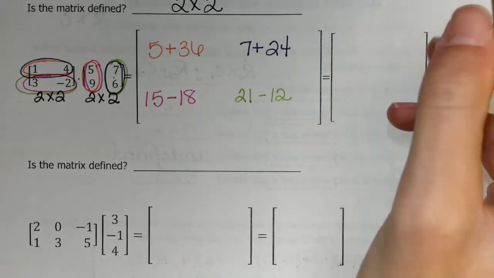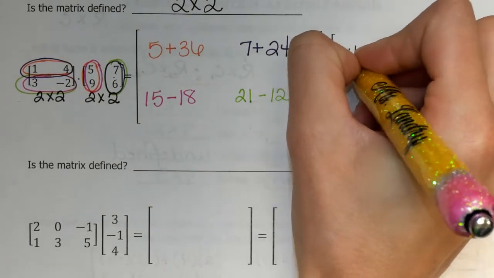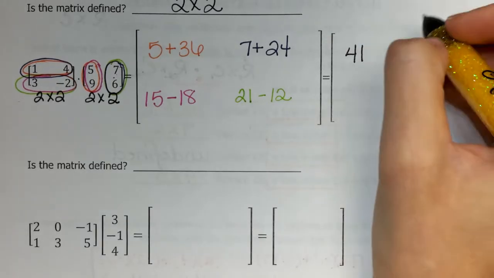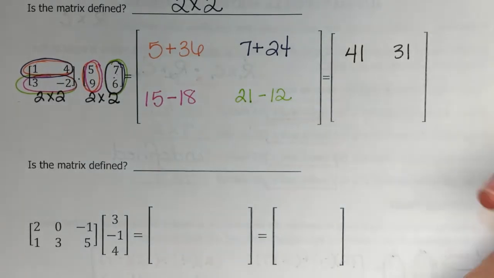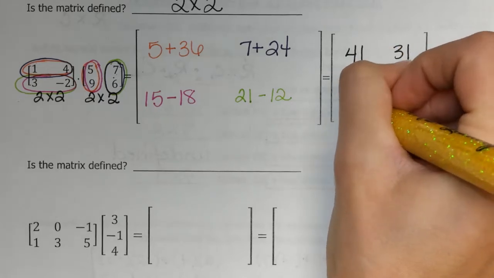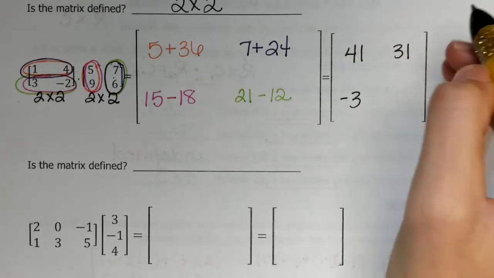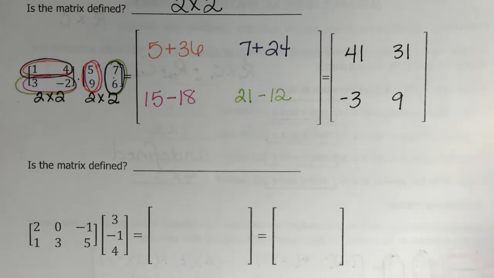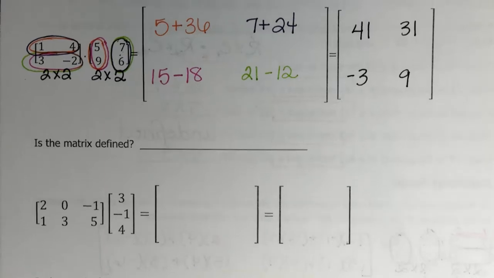So then 5 plus 36, 7 plus 24, 15 minus 18, bless you, 21 minus 12. Thank you. You're welcome. Okay, we good?